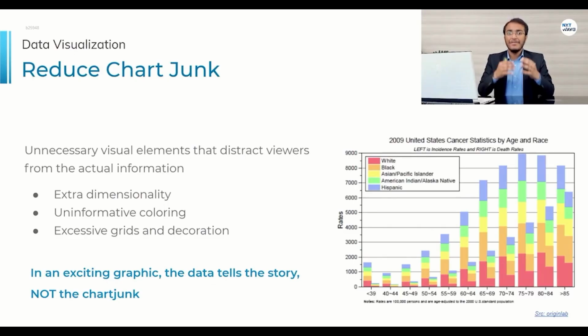Rather, a graphic is exciting when it actually tells the truth about the data, and when it helps us understand the data in a more meaningful and easy way, instead of churning through all the numbers and trying to make sense of the data. So that is when the graphic is actually exciting. It's not the chart junk which makes the graphic exciting. When I say graphic, it is nothing but some visualization of the data.